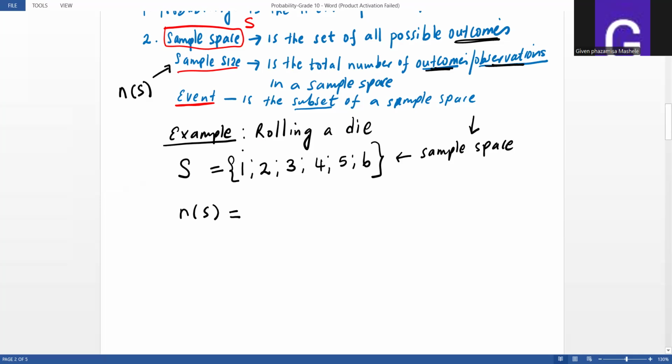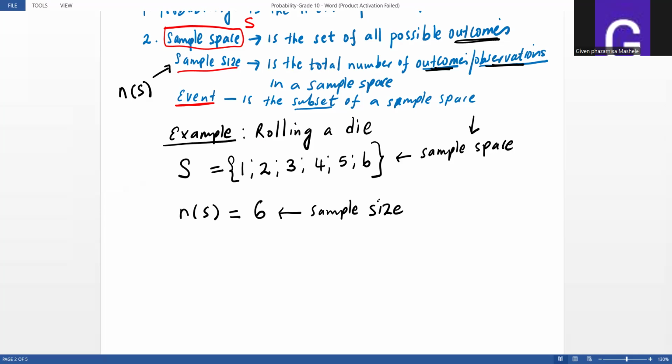Remember, 1 is an outcome, 2 is an outcome, like landing at 1, landing at 2, landing at 3. So what is the total number of outcomes? We have 6 outcomes, which means the sample size here will be 6. So 6 is the sample size of rolling a die. I believe you're following.